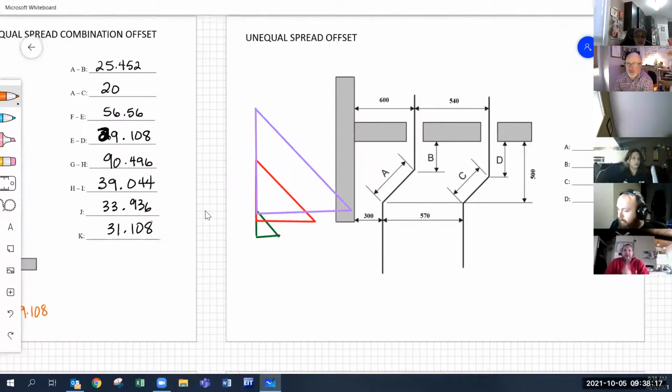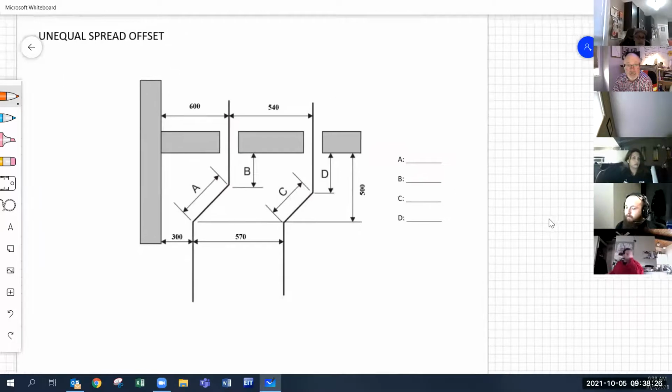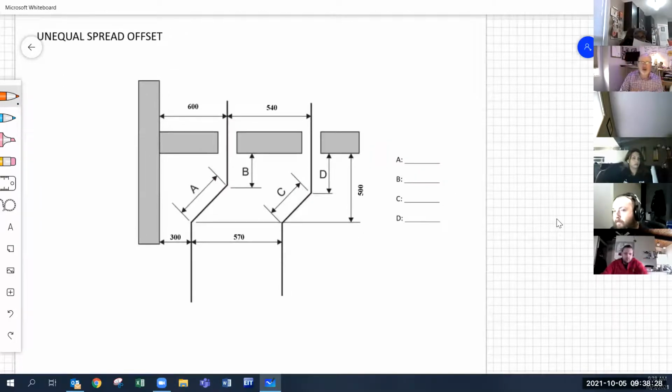The next one that we see in here, let me remove my annotations, is an unequal spread offset. So first off, we're going to solve for A. A is right here. So what I can do is draw a right angle triangle at this location right there. There it is.